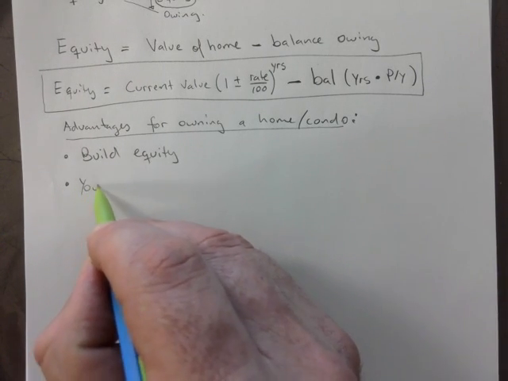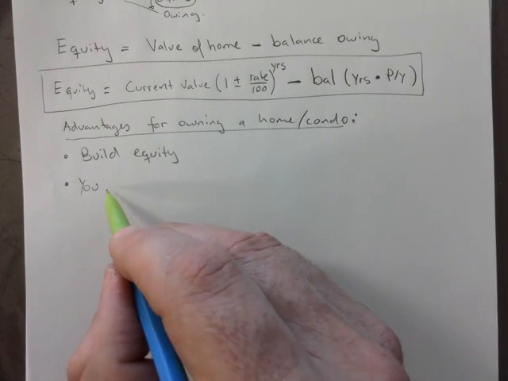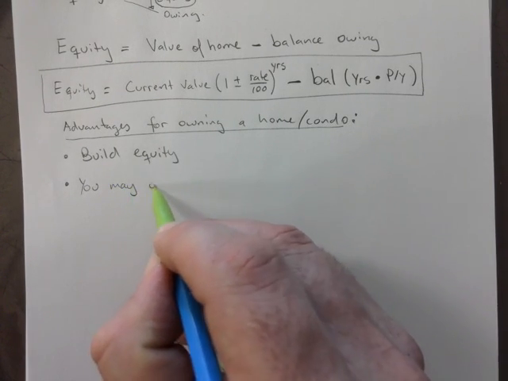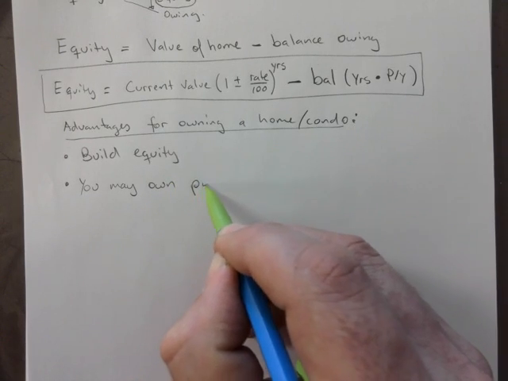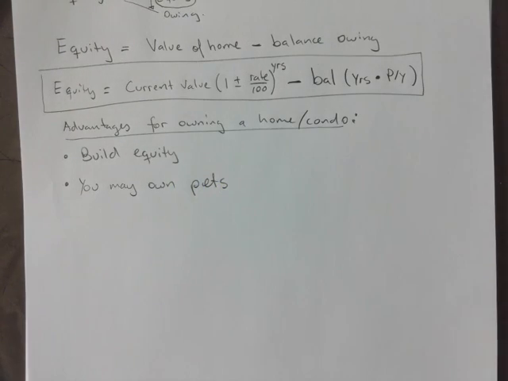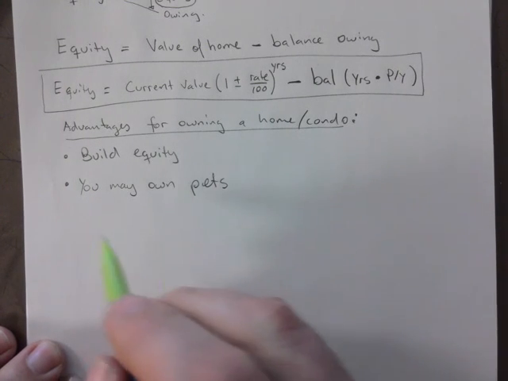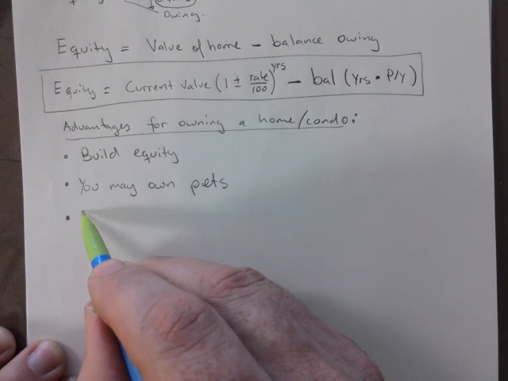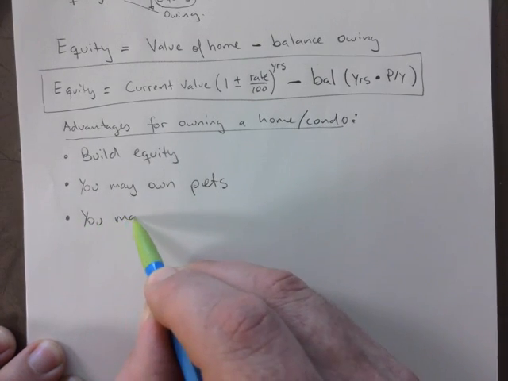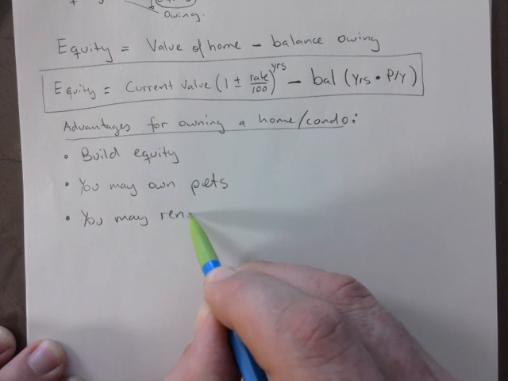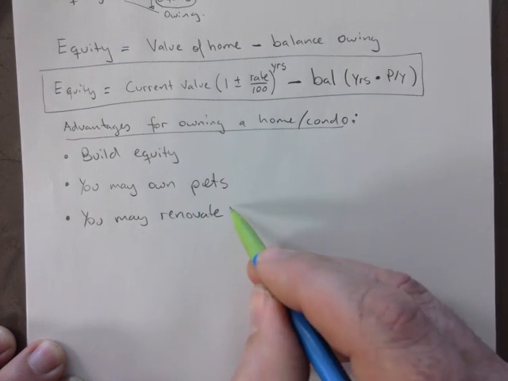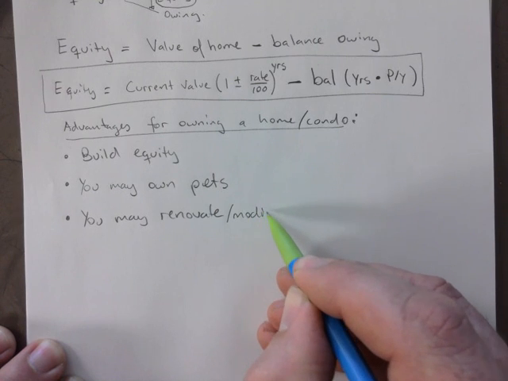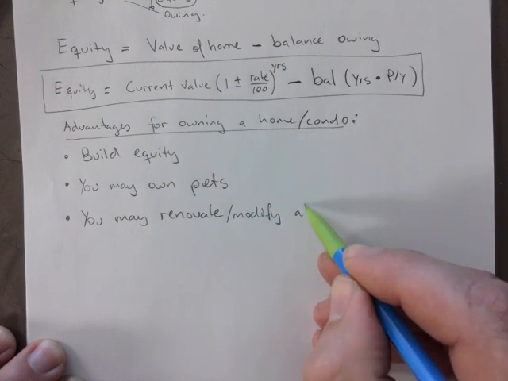Another reason why people may want to buy is you may own pets. That's a huge reason. Renting often makes it impossible to own pets. Okay. I would say you may renovate or modify at will.